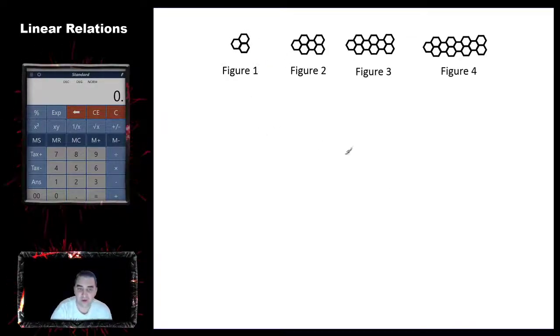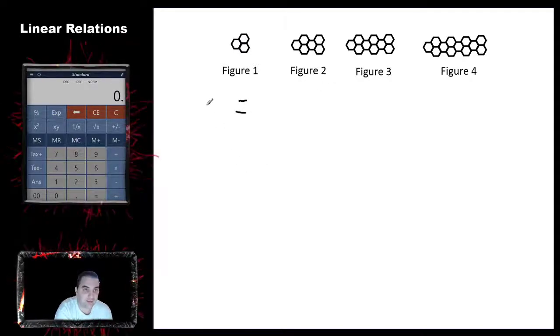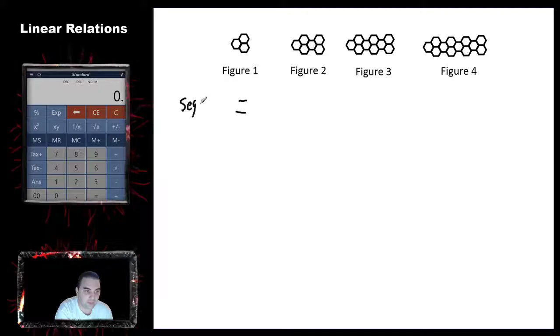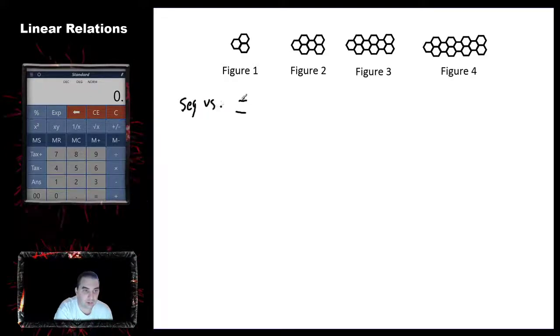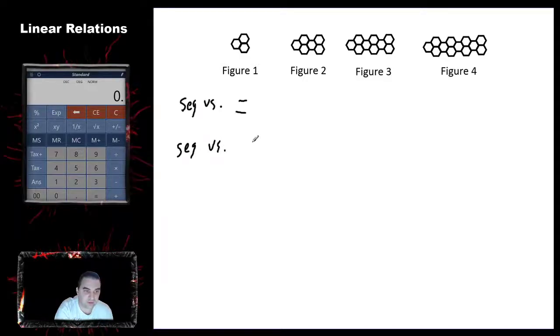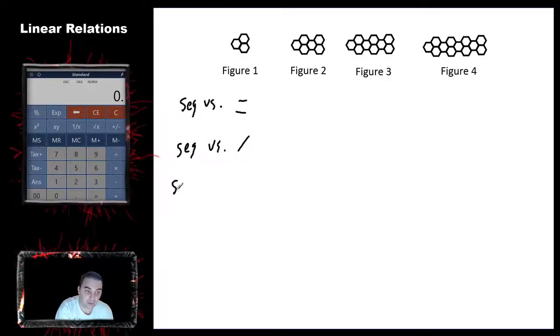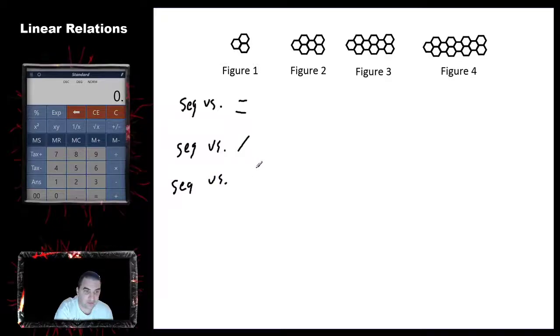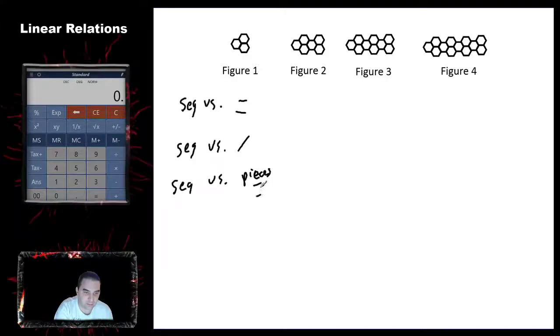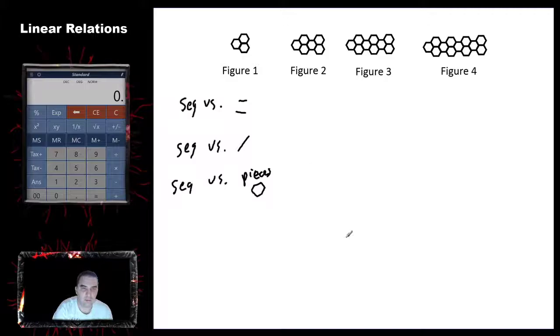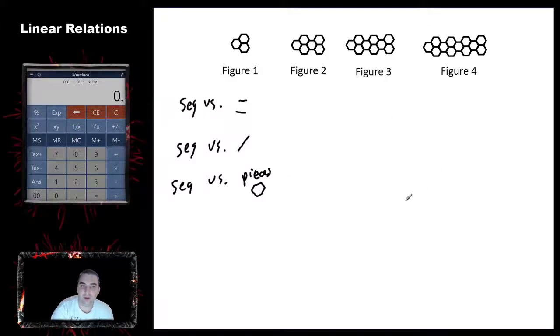There's not much notes or anything to take here. I just want to point that out, that we could look at segment versus horizontal lines. Or we could look at segment versus slanted lines. We could look at segment versus the pieces. Pieces. And by pieces, I mean that.